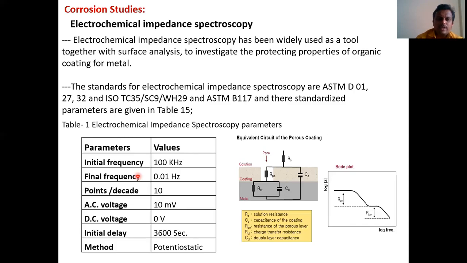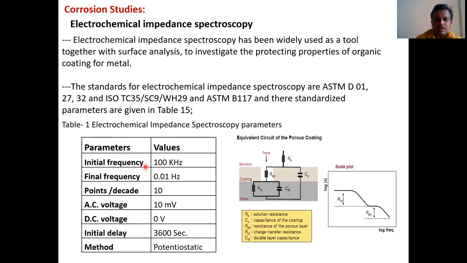For this electrochemical impedance spectroscopy, again you have to use the same Gamry software, and the potentiostat is used. These are some input parameters required for conducting the electrochemical impedance spectroscopy, in short called EIS.